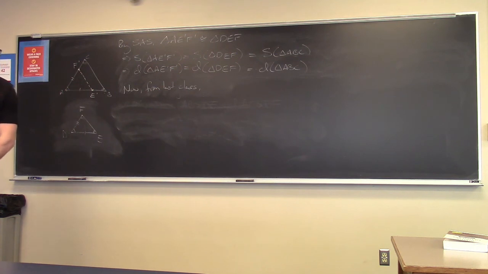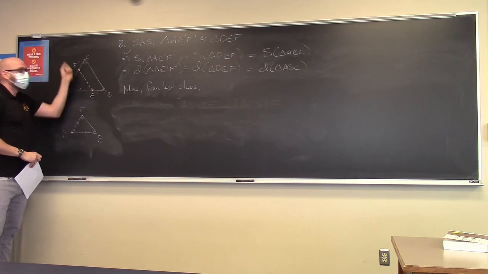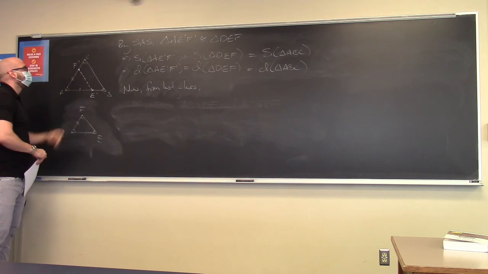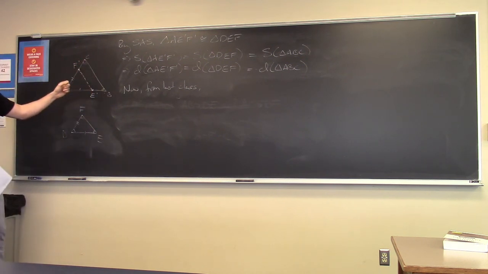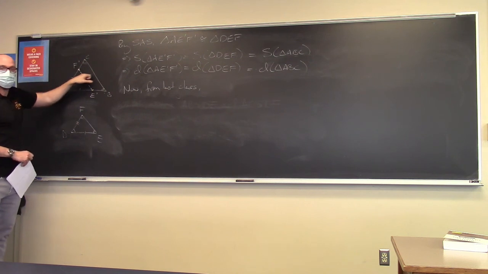So now from last class, I want to invoke what we were doing last time. What do I have here? Think of this as a triangle that's cut by this intersecting line. I've got this triangle that's cut into a triangle and a quadrilateral. And we proved last time that the defect of the whole thing would be the sum of the defects of both of these, right?